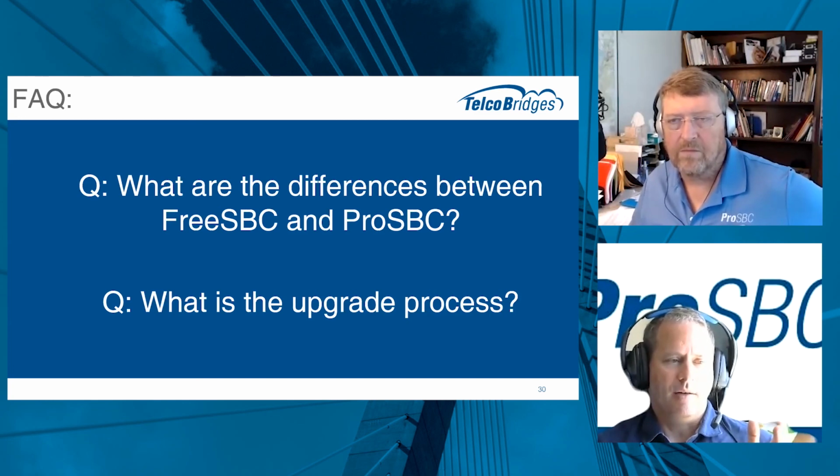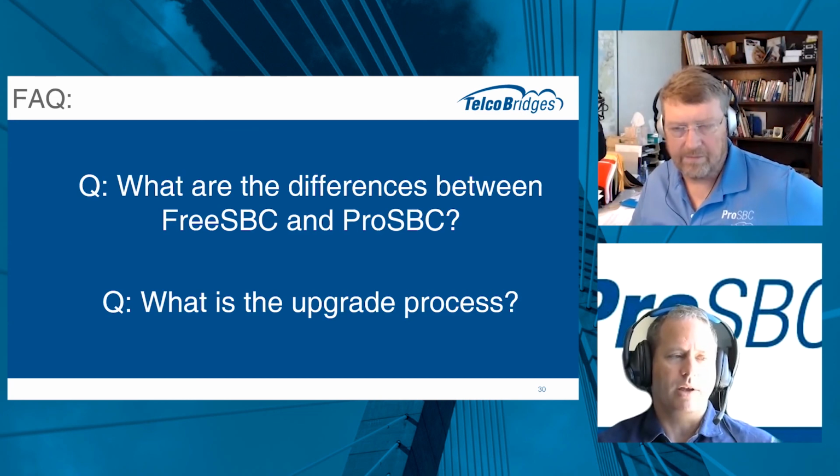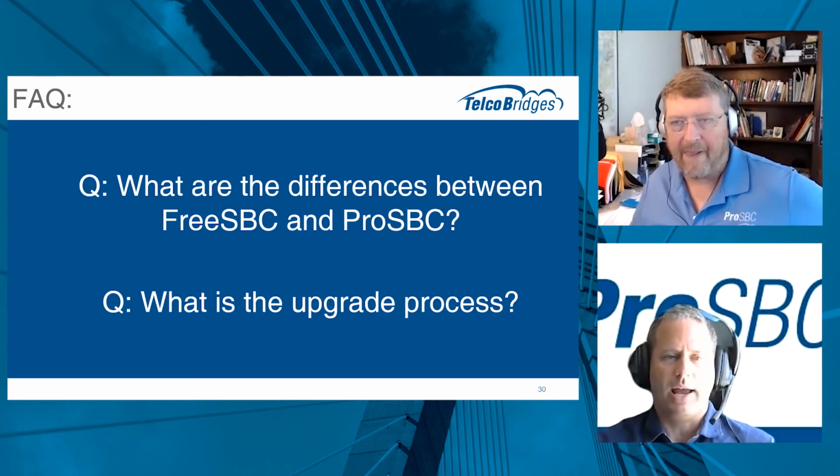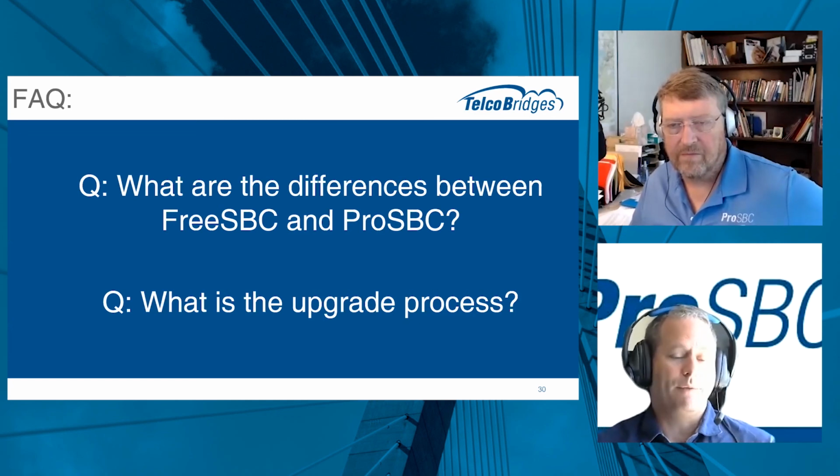When you order it, you need to put in the license key you want to upgrade. So either you put the FreeSBC product key you had, or if you want a new one, you just put nothing in the store.